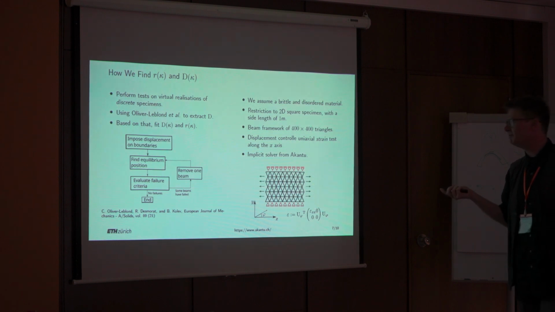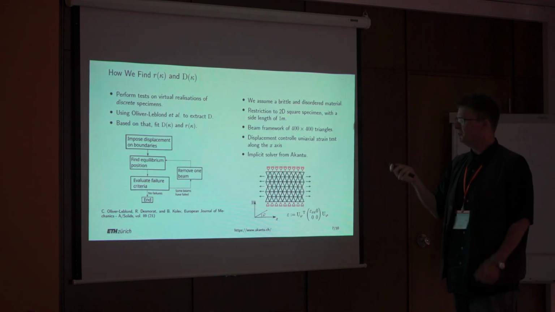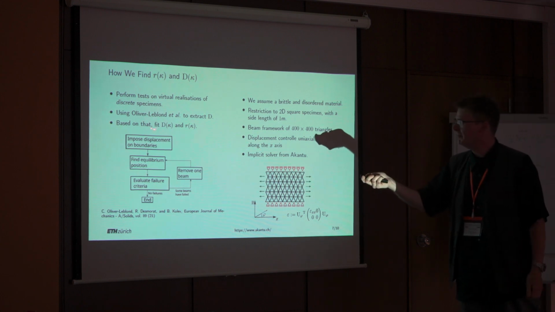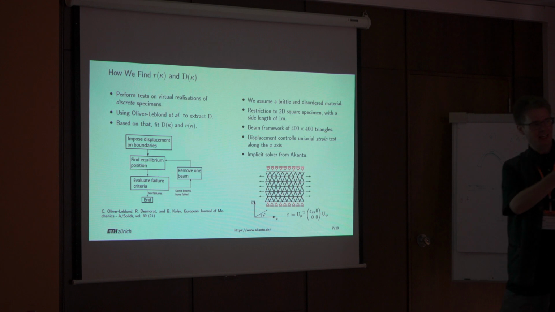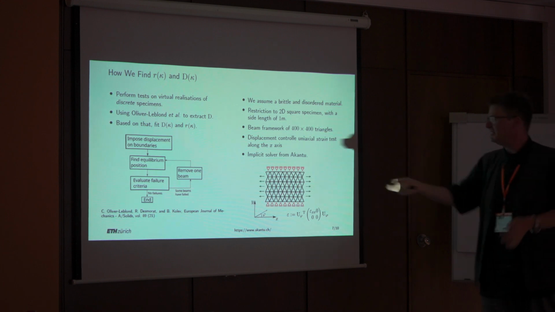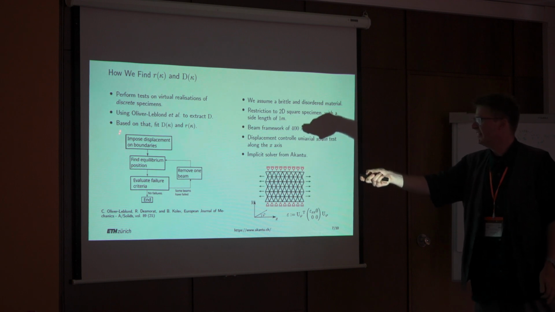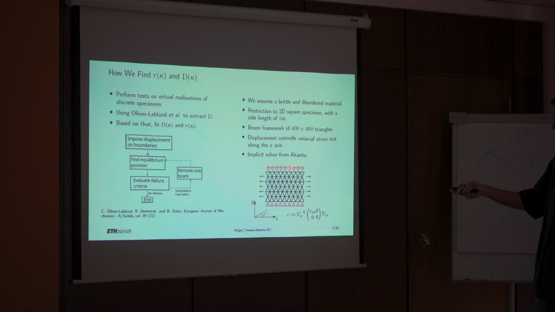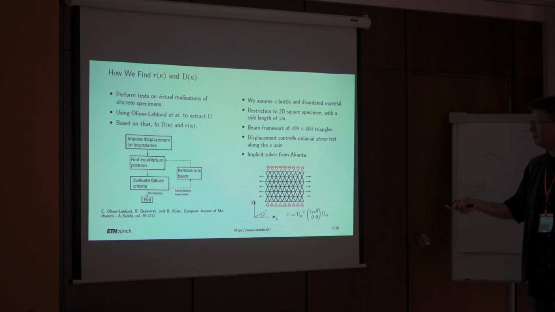This is a C++ framework, and to shortly describe the algorithm, each loading step, I use a static loading. So in a loading step, I first impose the final displacement on the boundary of the specimen. Then I compute the equilibrium position of all inner nodes, and then I evaluate the failure criteria.